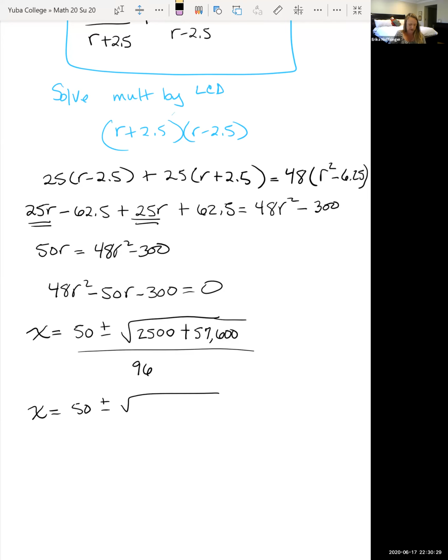So 2,500 plus 57,600 is 60,100, all over 96. So 50 plus the square root of that answer.